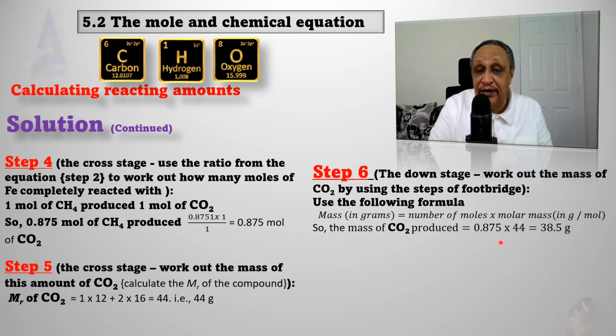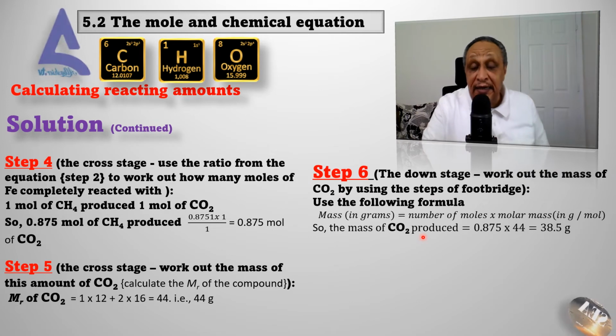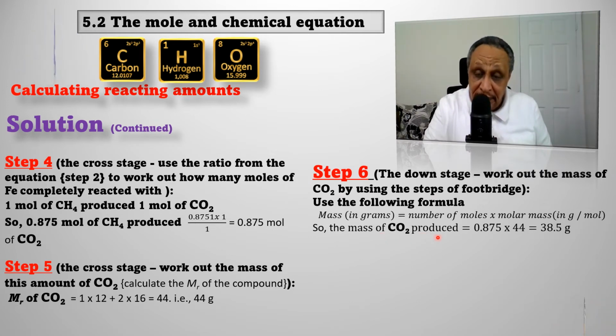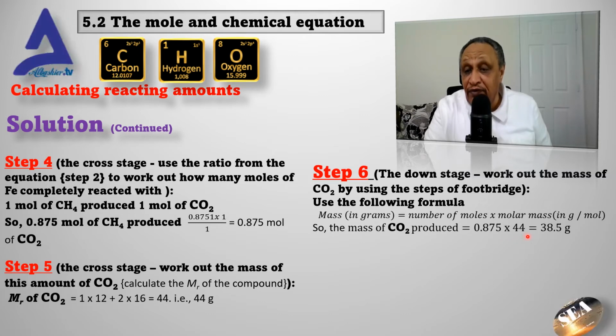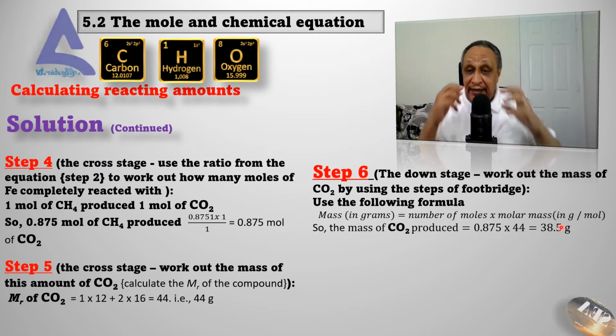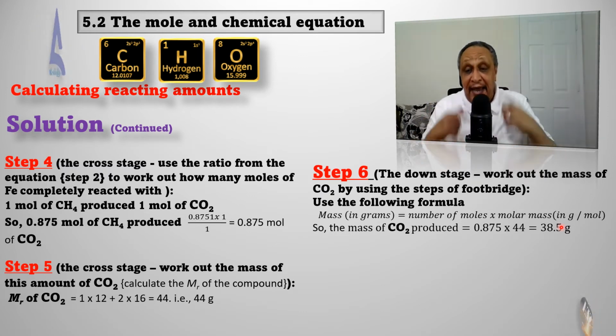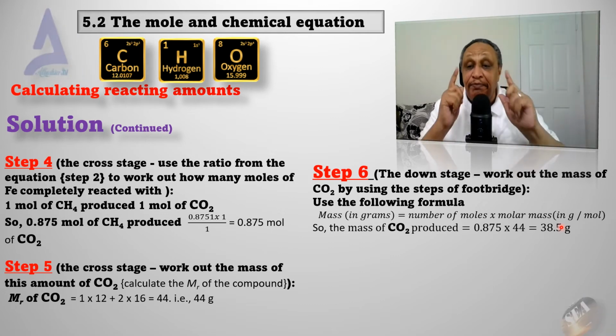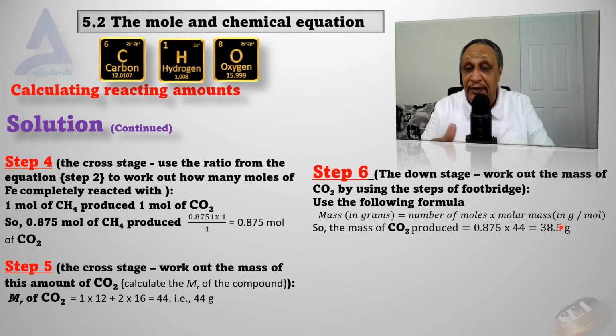Very simple. So the mass of carbon dioxide, which is the demand of the problem, is going to be 0.875 multiplied by 44 equals 38.5 grams. This is the way that I solve my problems. And if you go step by step, again, I promise you are going to be a pro in stoichiometry.